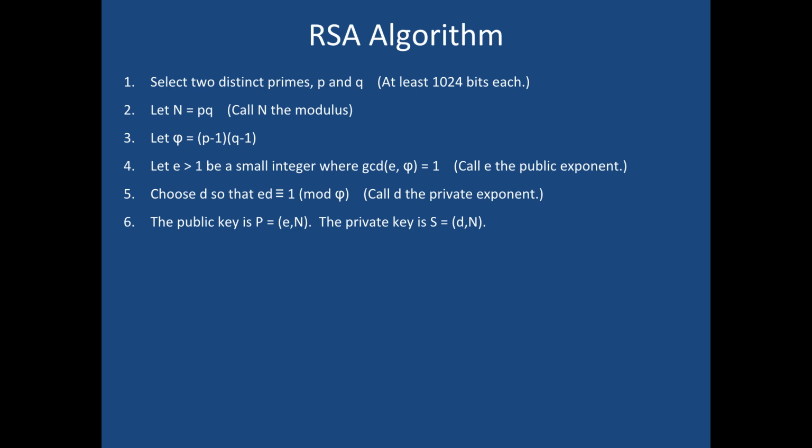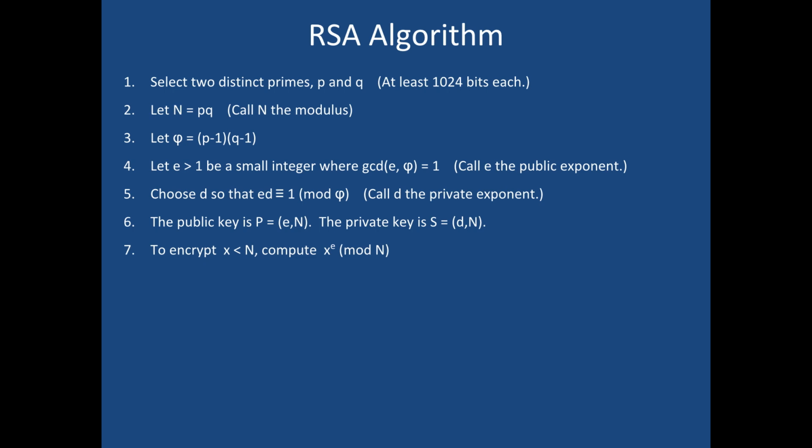Okay? So let's see how the keys are used. It's very easy. Your message has to be less than N. So your message is some bunch of bits, and you chop it up into blocks, where each block is a number less than N. We're talking about 2,000-bit blocks. And you just take X, the message, raise it to the power E mod N, and that encrypts it.